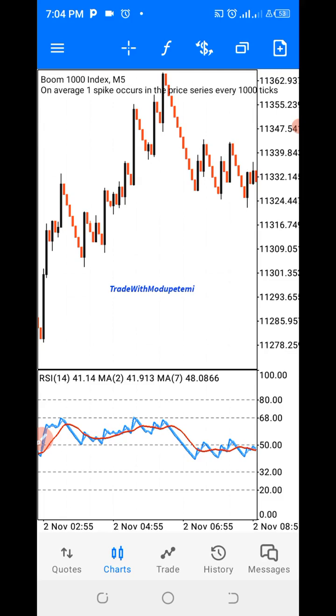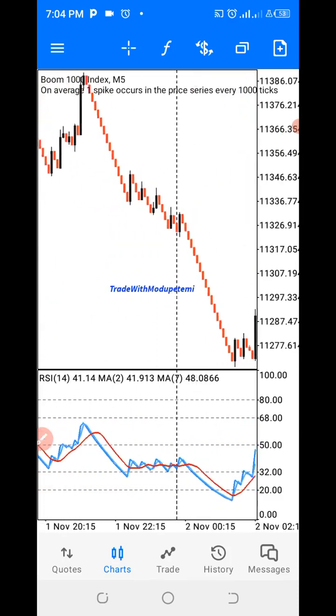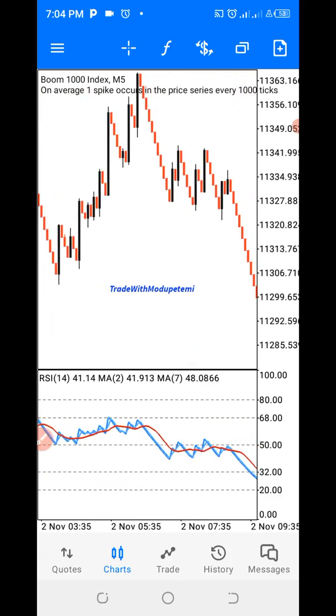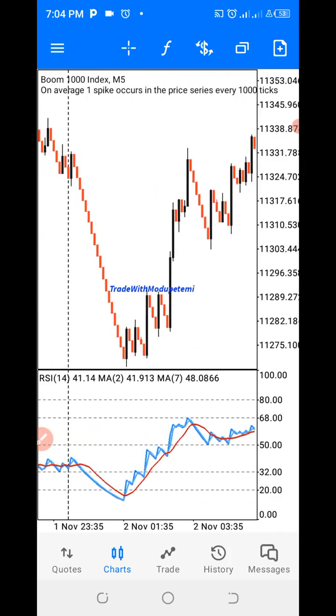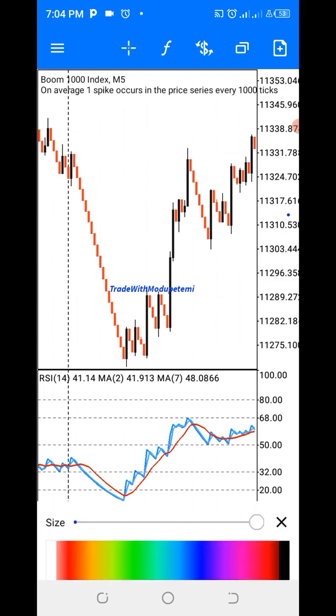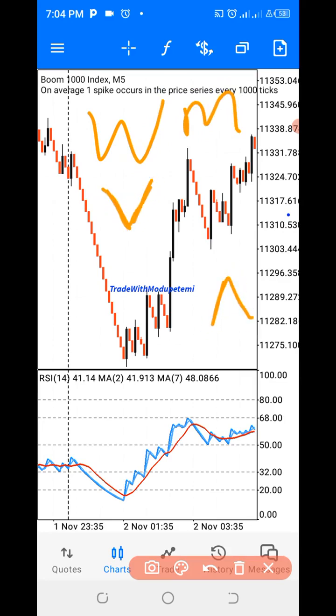Some are of the opinion that those patterns don't really work. But as a matter of fact, the best patterns I've seen that work perfectly on Boom and Crash are the M and the W pattern, and also the V, and we also have the A pattern.